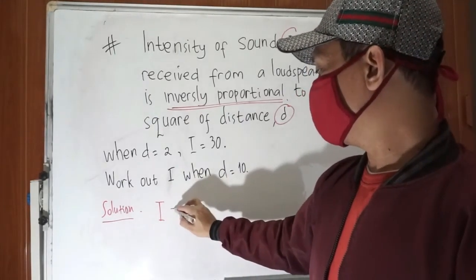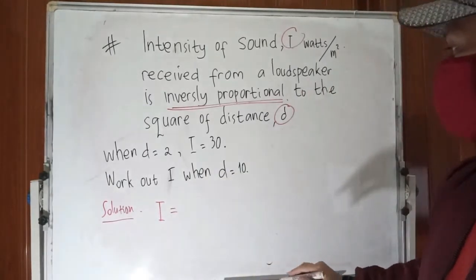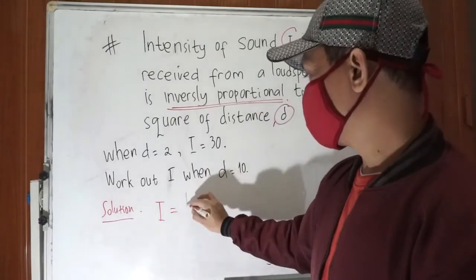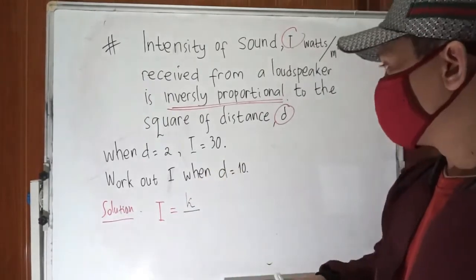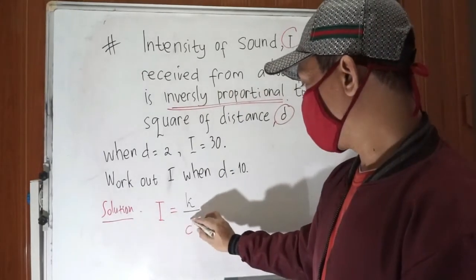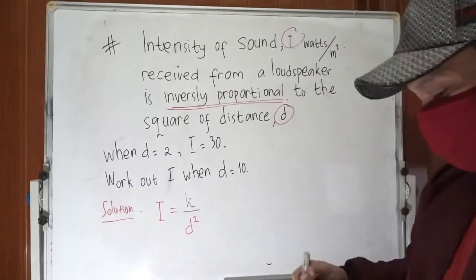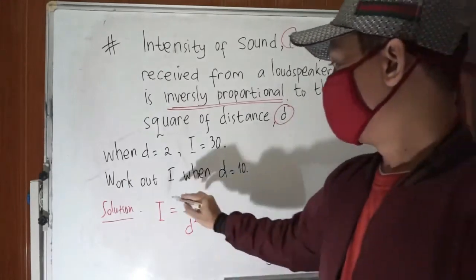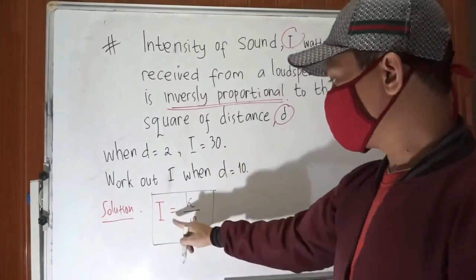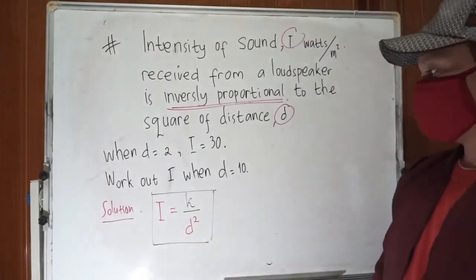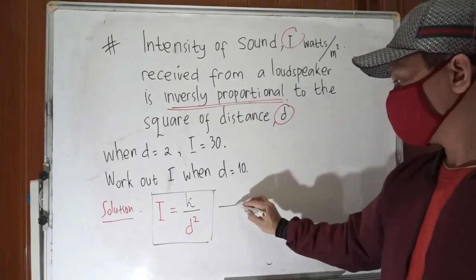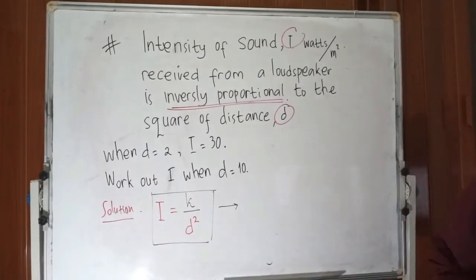I is inversely proportional, so I equals k over the square of the distance. Yes, students? This is the expression of intensity in terms of d. Okay, we go to the solution.